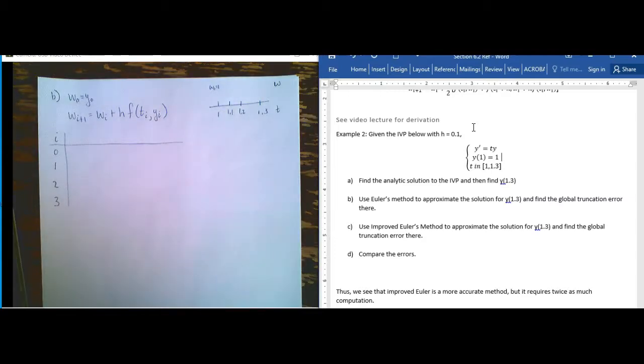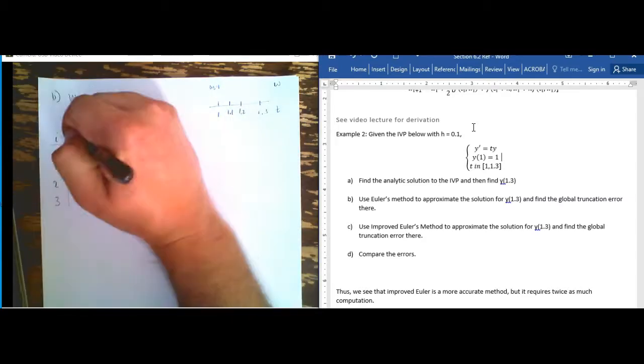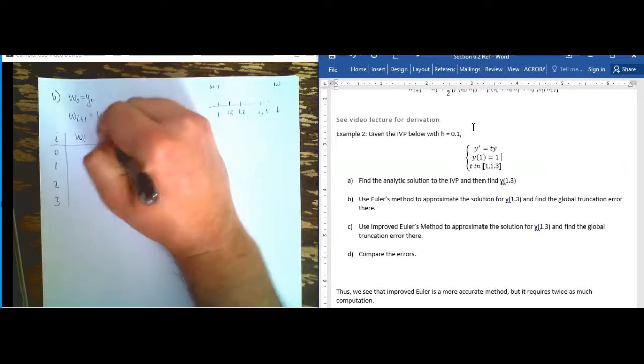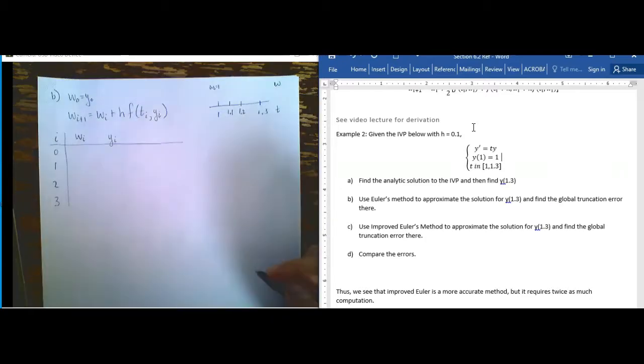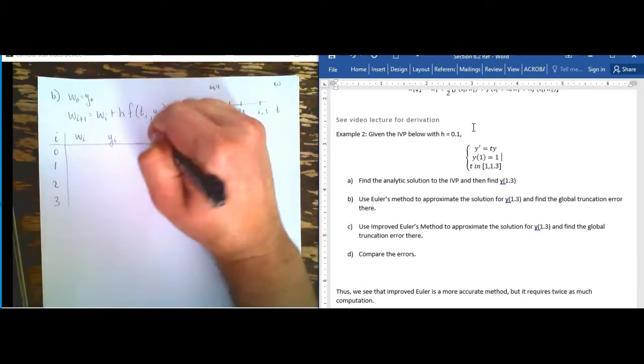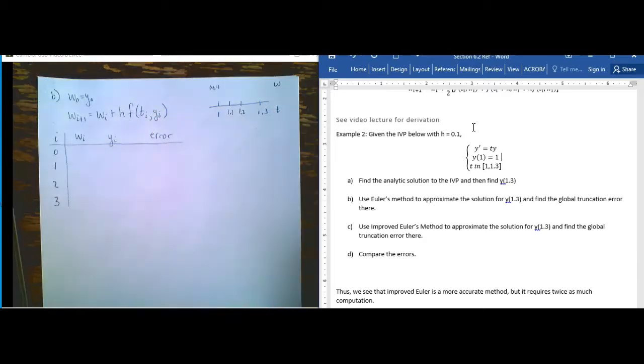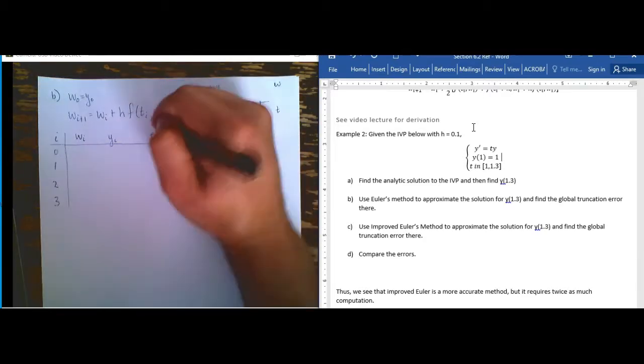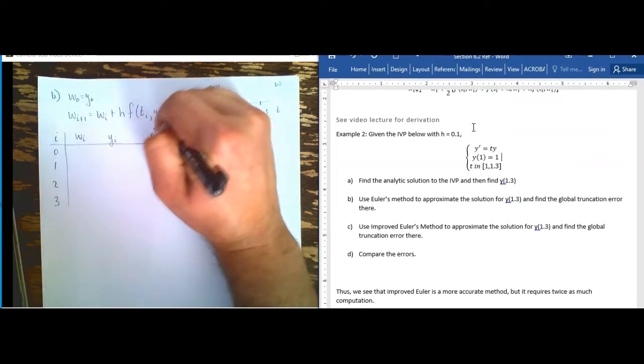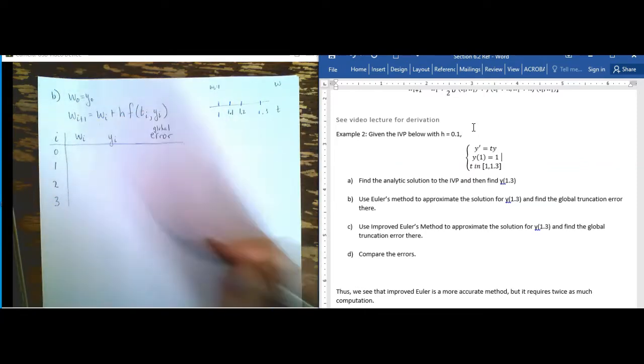Here are our w's. We'll also need to calculate our exact values and then our errors. So it'd be global errors, right? So let's do that.